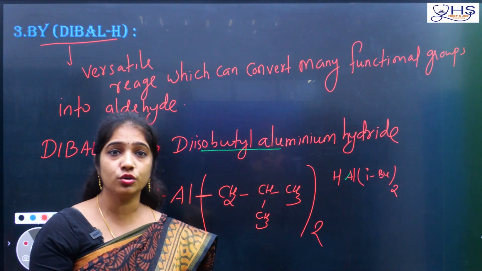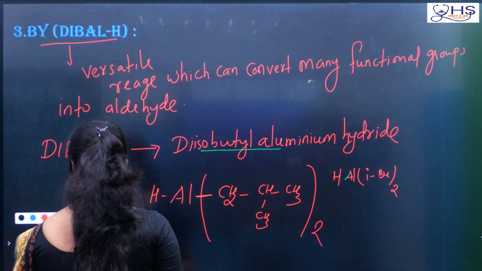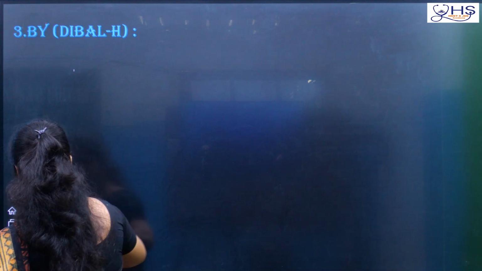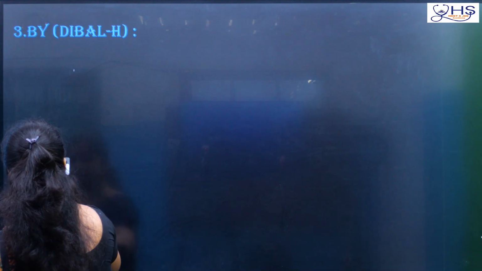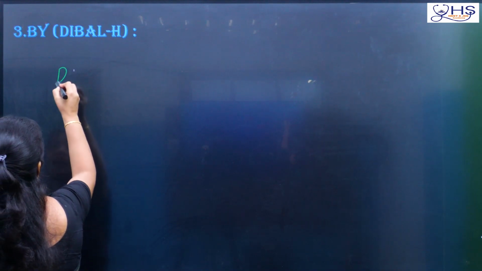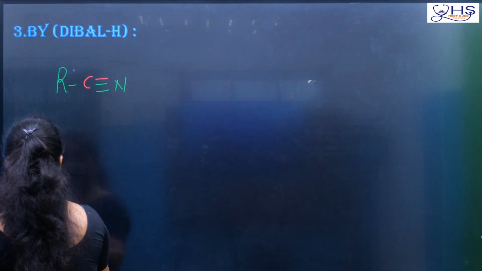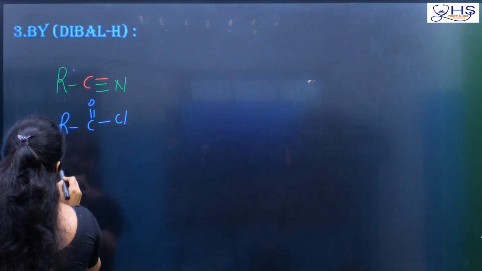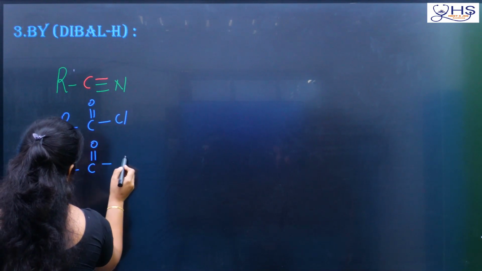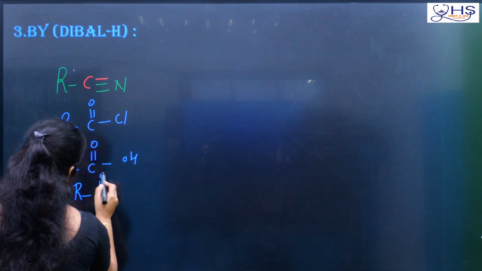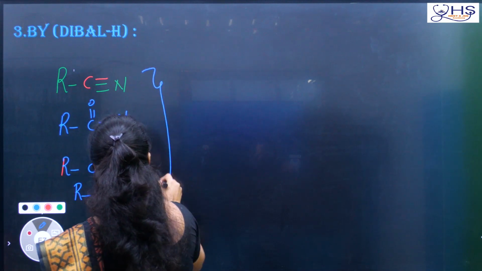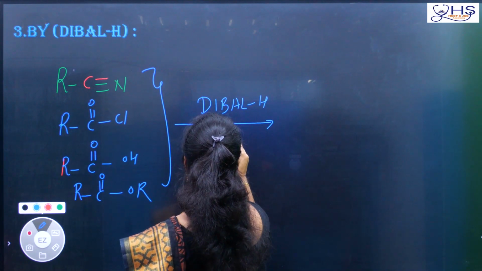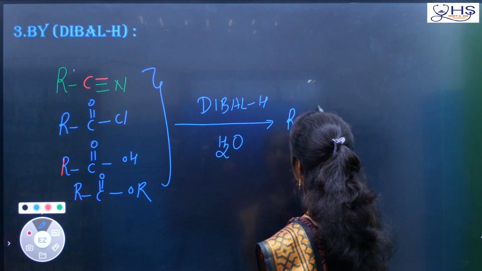It will convert many functional groups into aldehyde. If I am taking nitrile, R C triple bond N, acid halide, carboxylic acid, and ester, all these functional groups, if I treat with DIBAH followed by hydrolysis, directly the product is aldehyde.